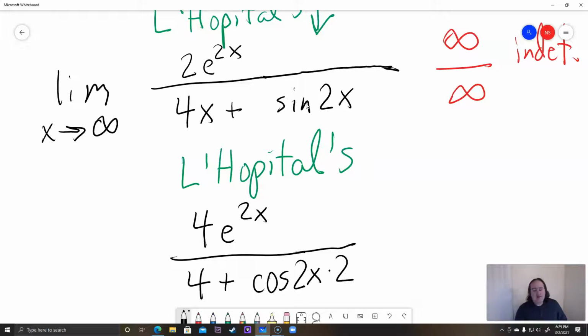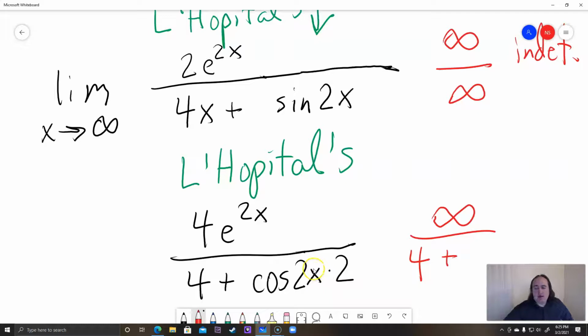Now this time, if we plug in infinity, what happens in the numerator is once again we get infinity, because e to the infinity is infinity. But in the denominator, what do we get here? Well, we get 4, right? So we have 4 plus, what does this 2 cosine of 2x do?